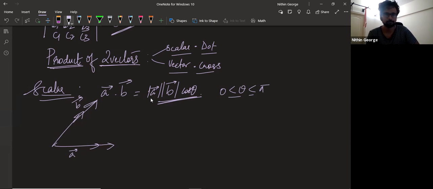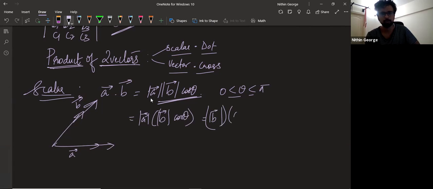Now, what are we talking about here? This is A into B cos theta, or I can write this as B into A cos theta. Now, what is B cos theta?